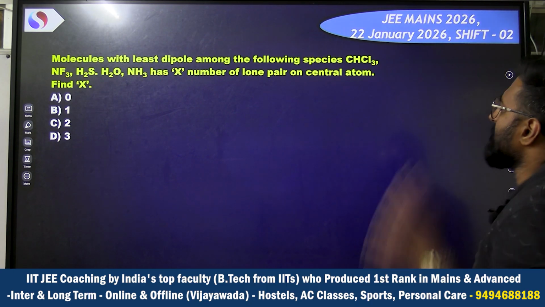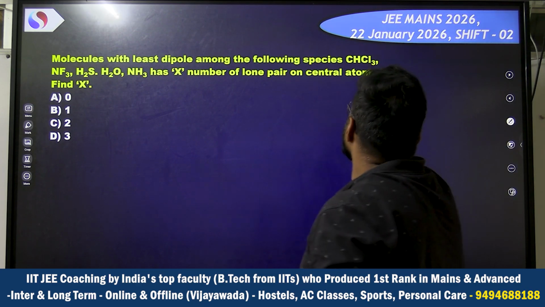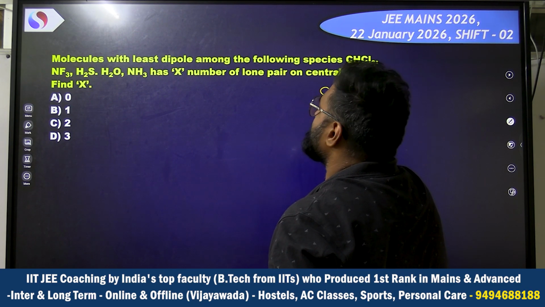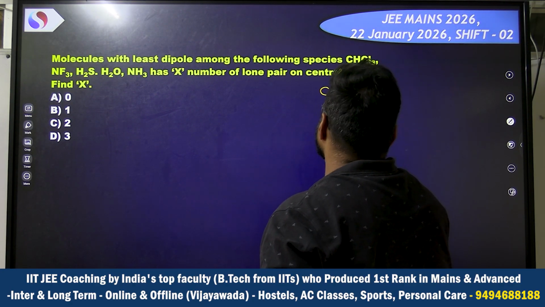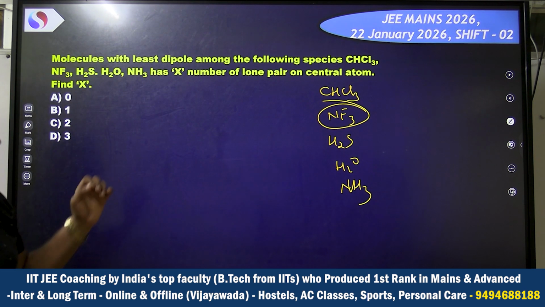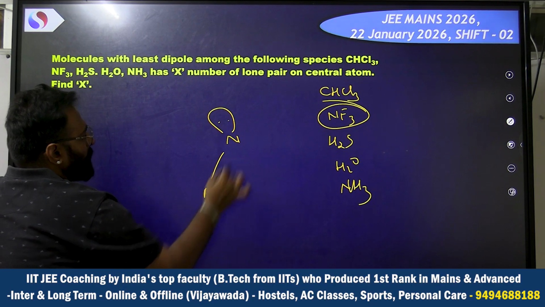Molecule with least dipole moment from the following species. What species we have? CHCl3, NF3, H2S, H2O and NH3. So obviously out of all of this, NF3 has the least dipole moment. Why?